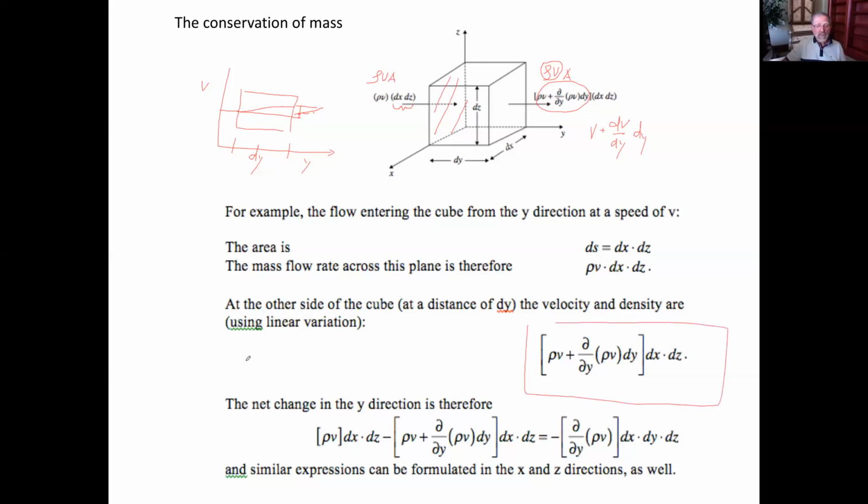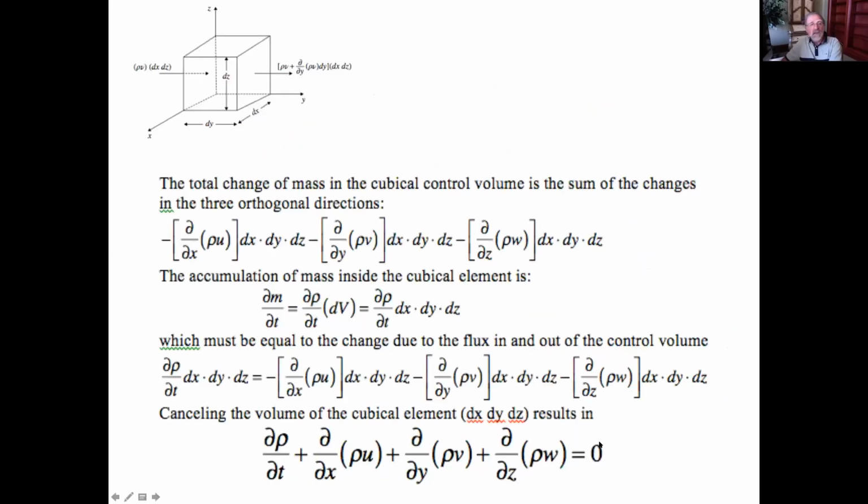So we claim that the change for the whole volume looks like this: going in, coming out, times the area. I'm not doing any rocket shape, I'm just changing, so this will be the change. It's very similar to what we did before, but again, I'm using the mass flow rate, not just the velocity. So now we need to do the same exercise for the other directions.